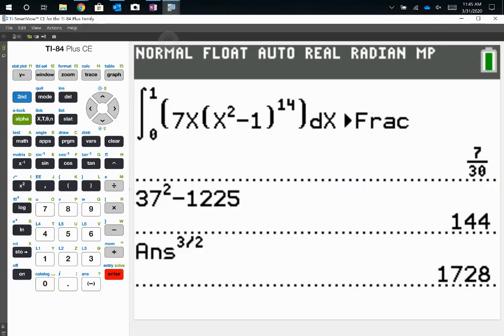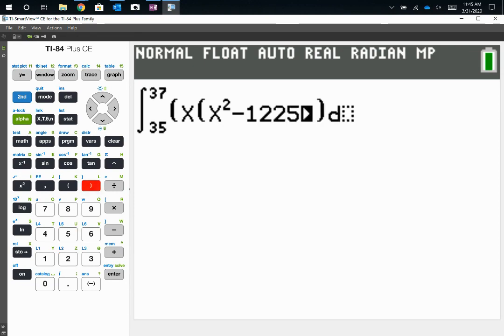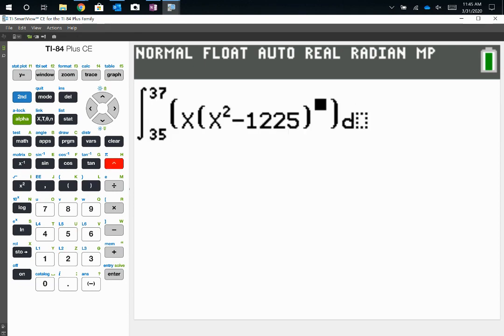All right, let's see if the calculator can produce an answer here for us. So math, integrating 35, 37, x into x squared minus 1225 to the power half dx.